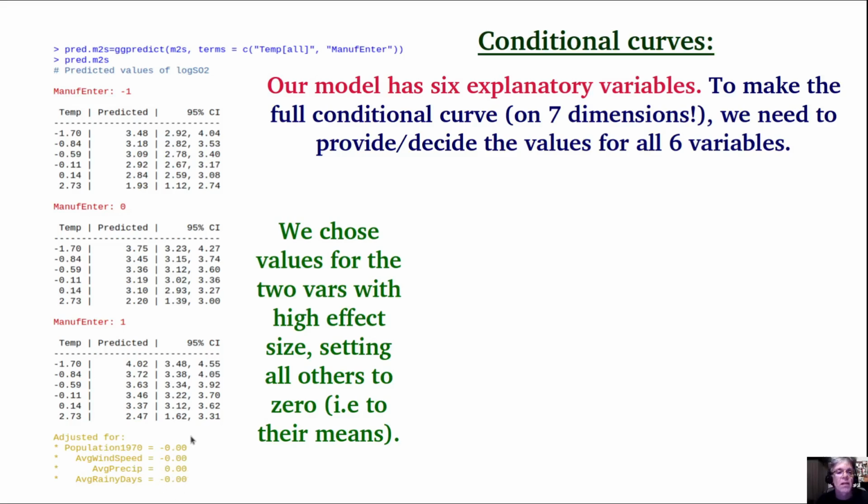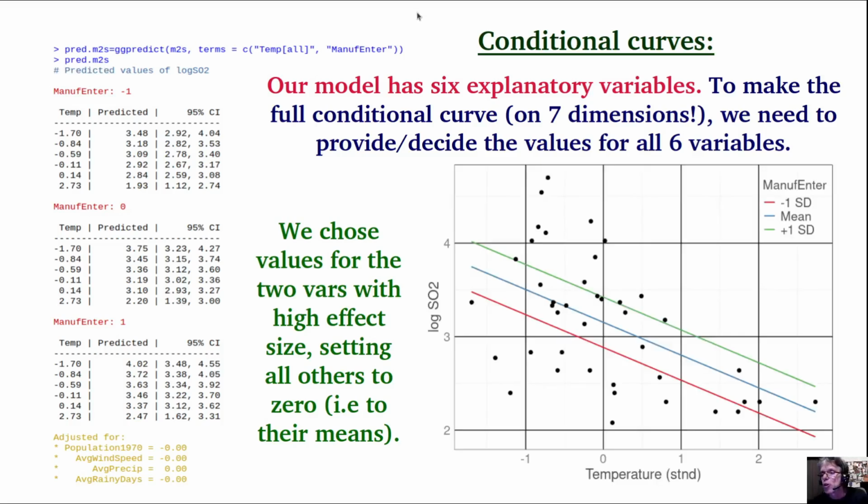And with this table, pred.m2s, we can generate a plot showing the predicted mean and plus or minus 1 standard deviation of the other variable, meaning the number of manufacturers.